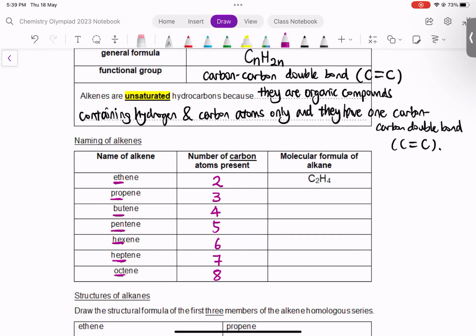Using the general formula, you are quickly able to write the molecular formula because n represents the number of carbon atoms. That's quick to write. I believe you can quickly fill in the molecular formula of the alkenes.